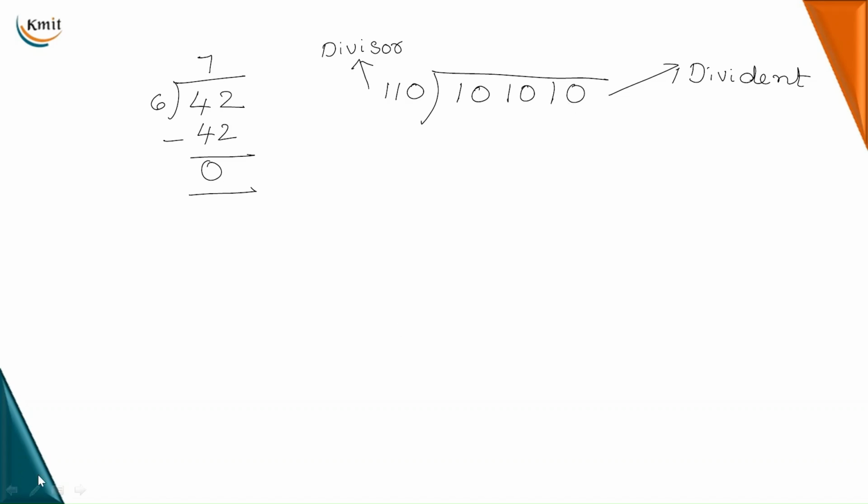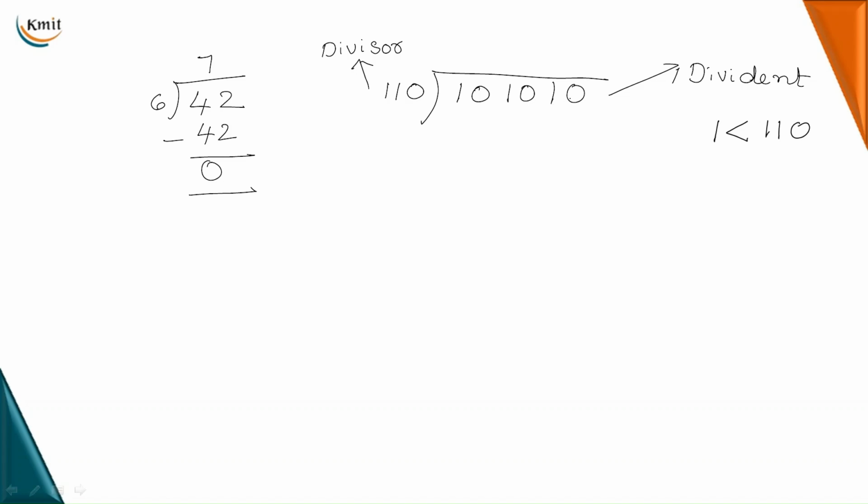When I'm starting my division, I have to check the first most significant bit of the dividend, 1, and whether it is less than the divisor 110. If the dividend is less than the divisor, then you can do only two things: multiply it either 0 times or 1 time.